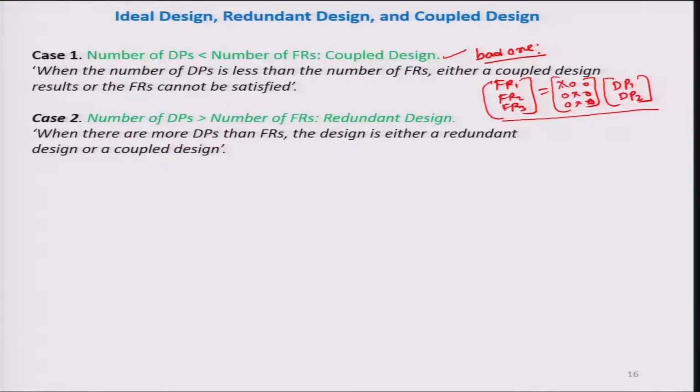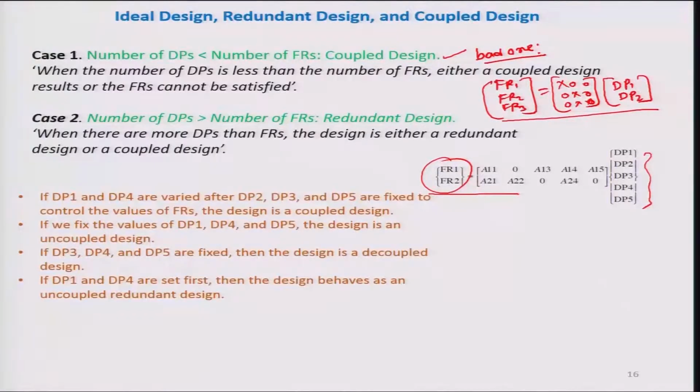Second one, case 2: if the number of design parameters is greater than the number of functional requirements, then it is called redundant design. So, you can see here, you have only 2 requirements and there are 5 parameters. Suppose that dp1 and dp4 are varied after dp2.